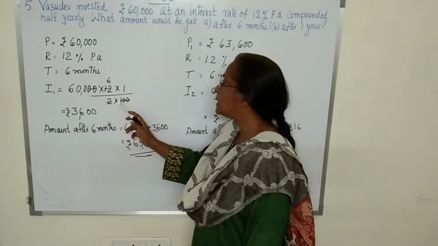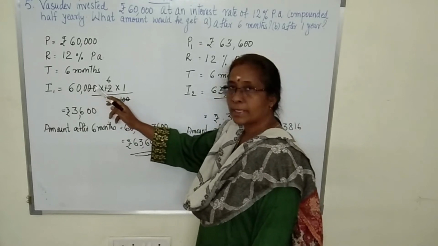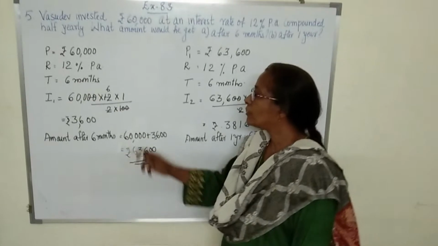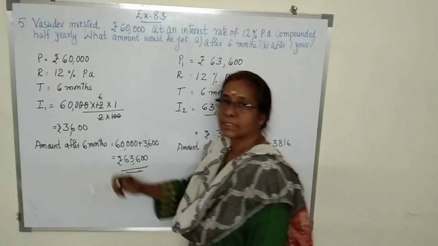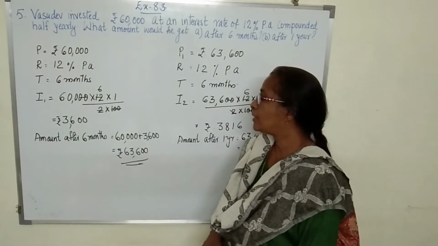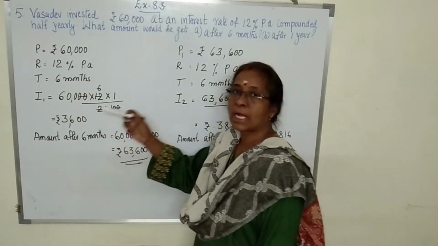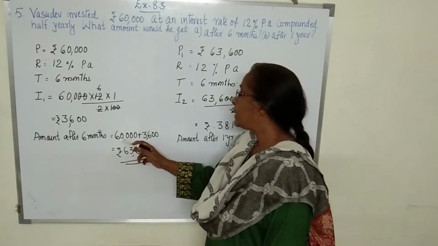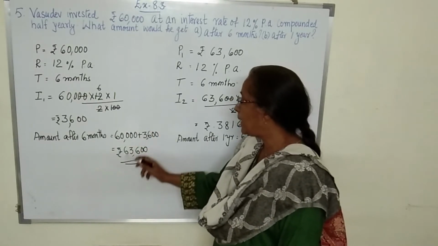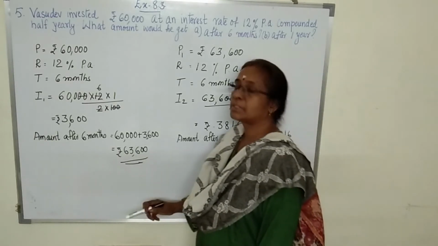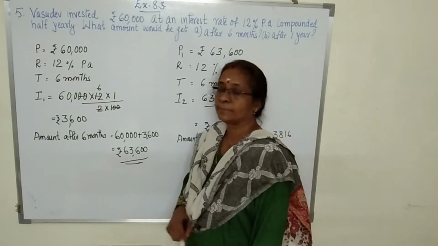So when we do cancellation, this 100 here gets cancelled, 2 sixes are 12. So when we multiply, 6 sixes are 36, that is 3,600 rupees you will get as interest. So the total amount after 6 months will be principal plus interest, which will be 60,000 plus 3,600, that is 63,600.